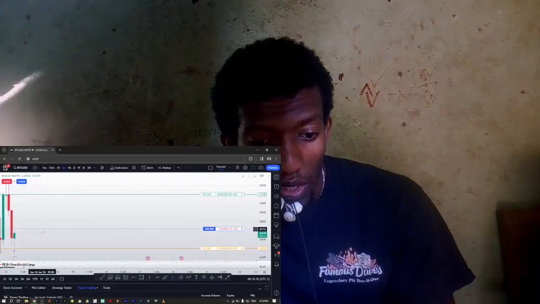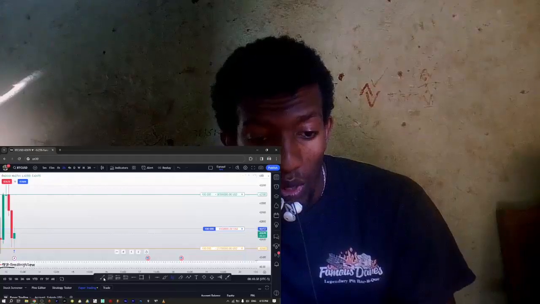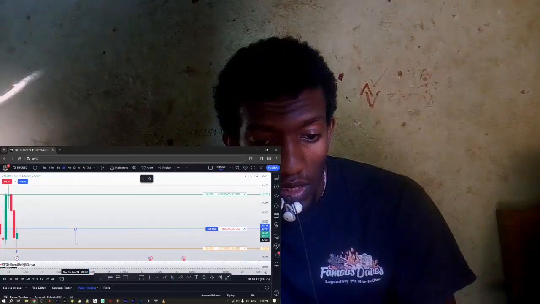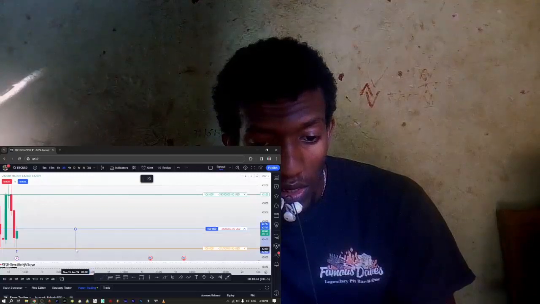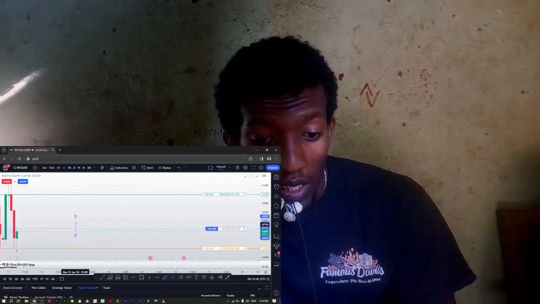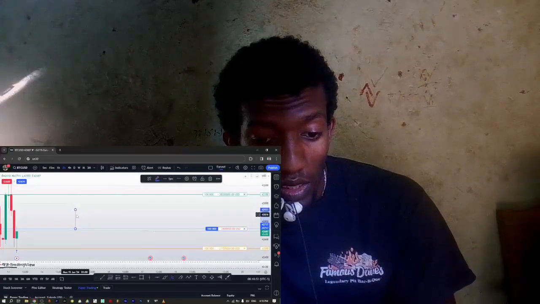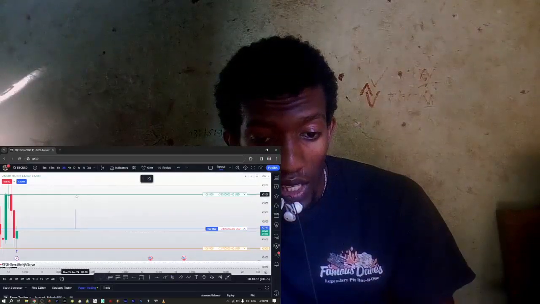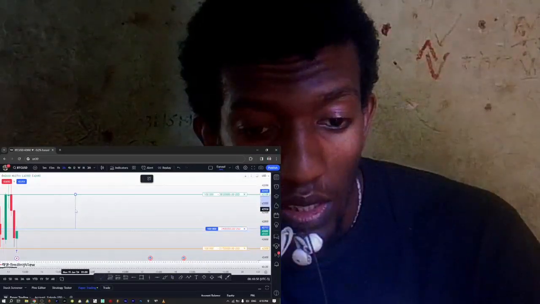As in this example, this is 1 to 2 risk to reward. Let's just measure it. I am risking this much, and I want to make this much. So this is 1, and let us double this one and put it here.